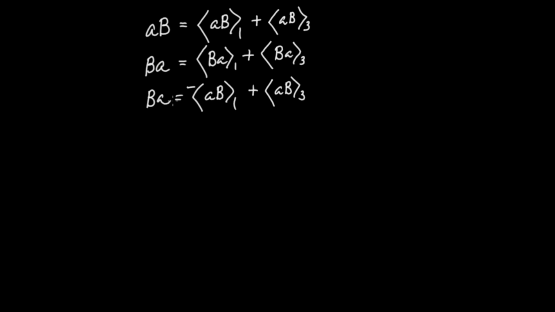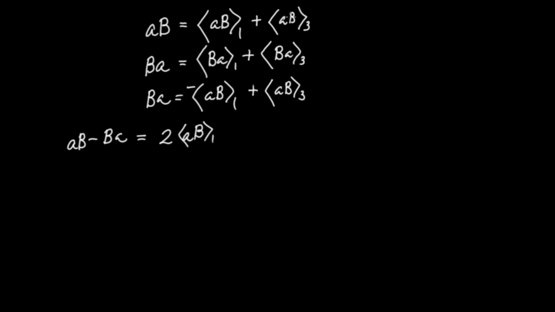Now here's a little magic we can do when looking at this line and this line. We're going to attempt to isolate the grade 1 part of AB. And here's what I'm going to do. I'm going to take this line and subtract this line. So on the left hand side I'm going to have AB minus BA. AB minus BA is equal to the grade 1 part of AB minus the grade 1 part of AB. So I get 2 copies of the grade 1 part of AB.